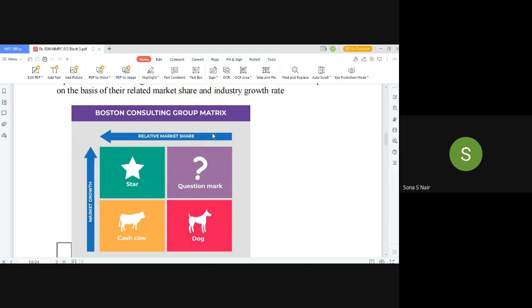As I said, it is based on relative market share. Now, what is relative market share? There is a 100% market share in the market, whether it's a segment or the whole market, and how much percentage of that market share does the business have. That is one dimension. The other dimension is the market growth rate: is the market growing or not?